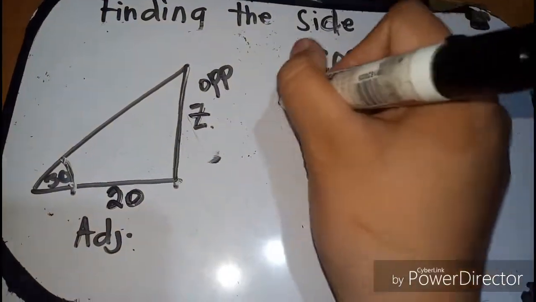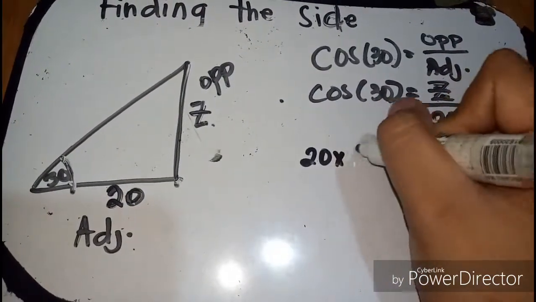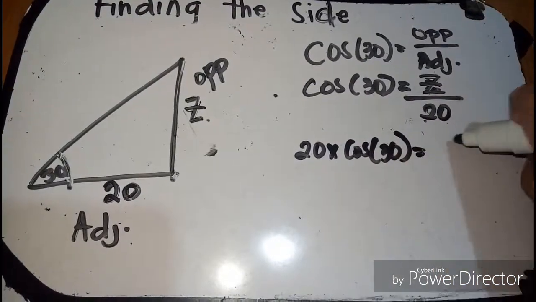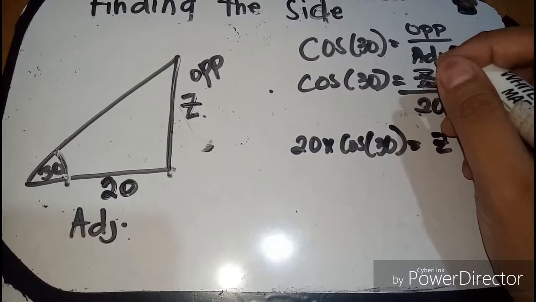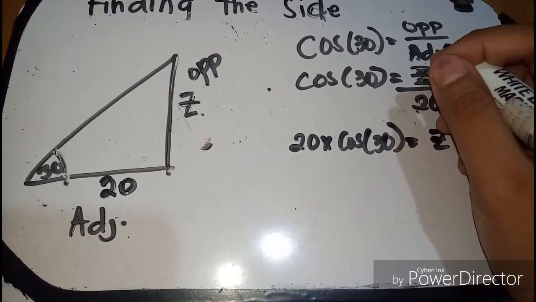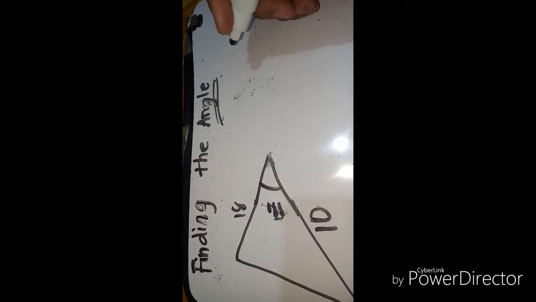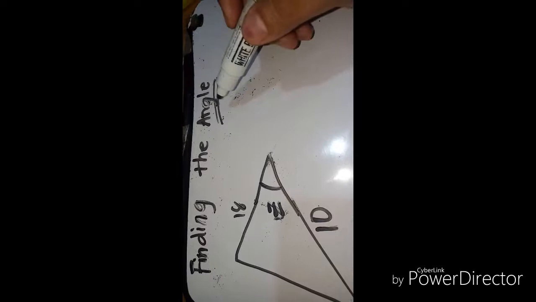So we will put 20 times cos 30 equals c. So we're done with finding the side of the triangle using SOHCAHTOA.